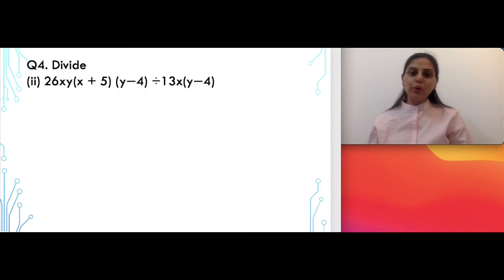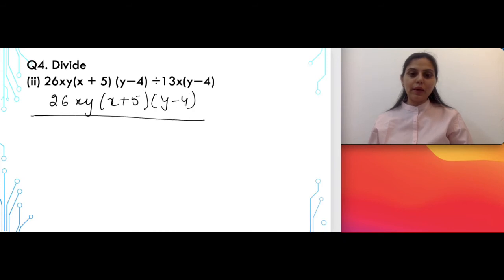Now moving on to question number 4. In this part we are given the question 26xy, in brackets we have x plus y and y minus 4, whole divided by 13x multiplied by y minus 4. Be very careful, you can cancel the terms only when they are in multiplication.